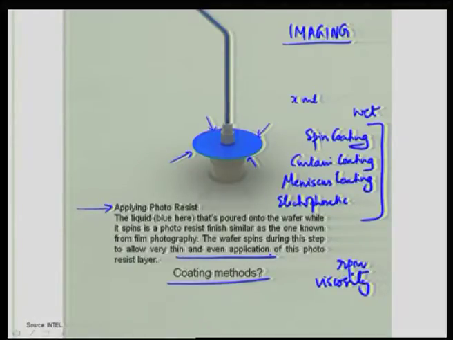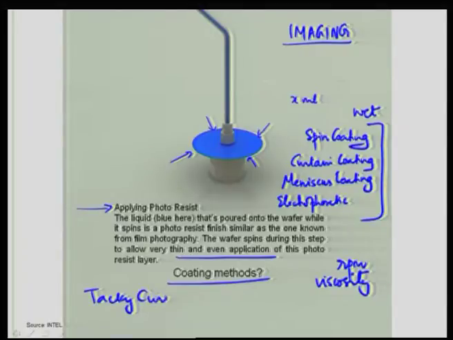Now, the post process of this could be what is known as a tacky cure process. That means some of the solvents will be evaporated by drying in an oven. In some cases the photoresist may have one solvent or a couple of solvents, and these have to be evaporated.